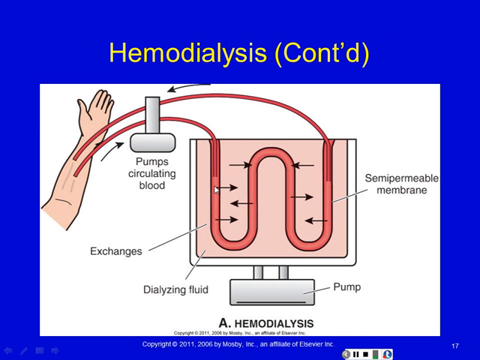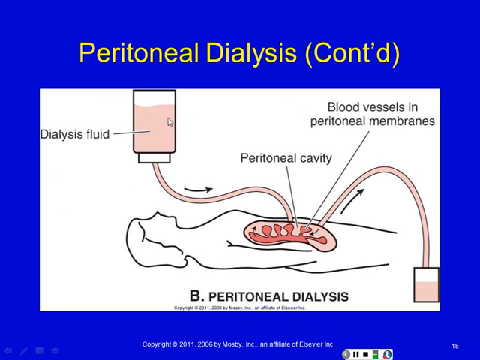The small molecules end up equilibrating with the dialysis fluid, and then when we pull the dialysis fluid back out, along with it comes the patient's urea, comes the patient's excess potassium, sodium, and all that.